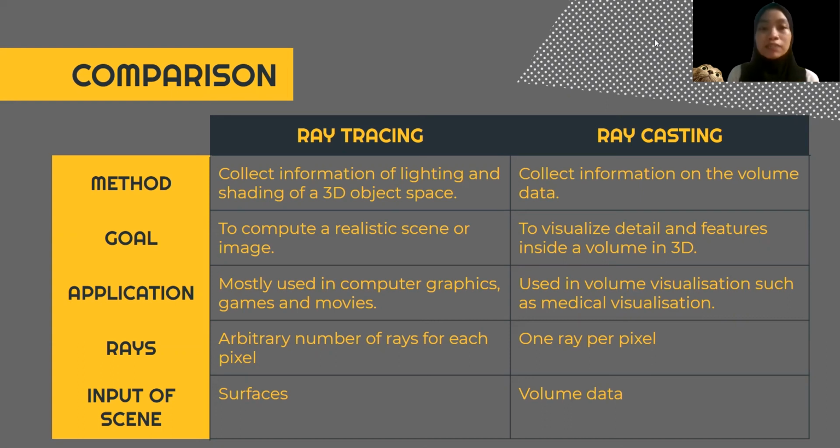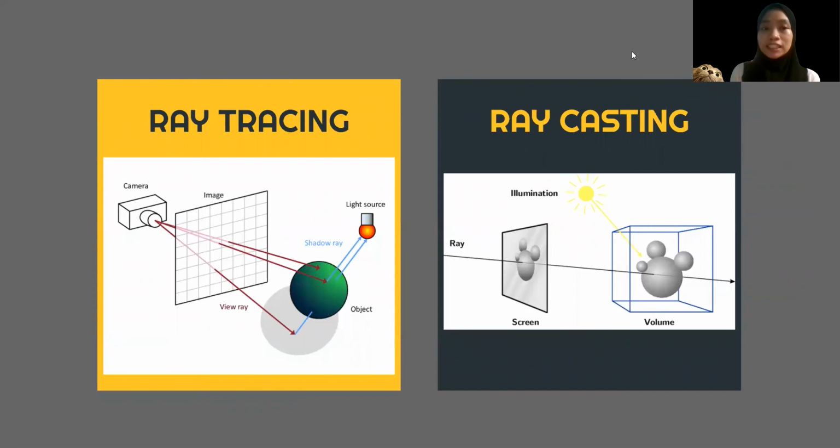Okay, next, for ray tracing, the input of the scene is actually the surface of the object, compared to ray casting, where it is actually the volume data of the object. Here is the comparison between ray tracing and ray casting. For ray tracing, the ray will enter the plane, the screen, and hit the object.